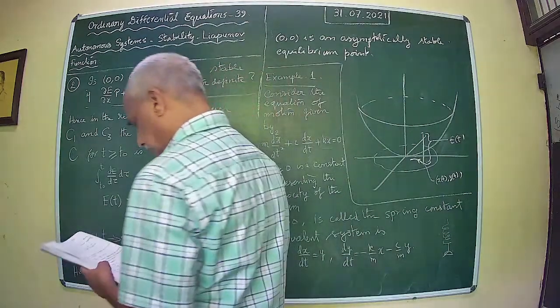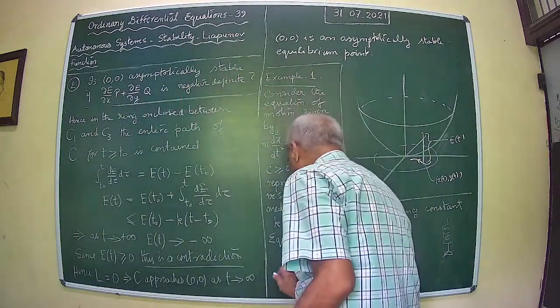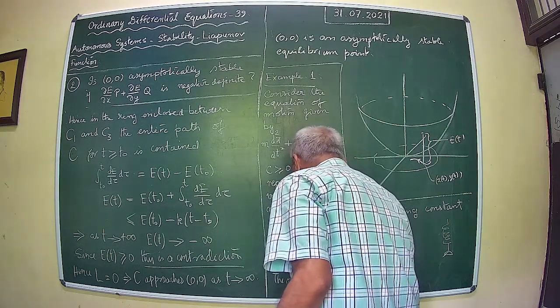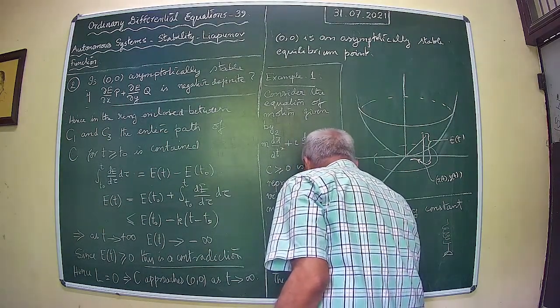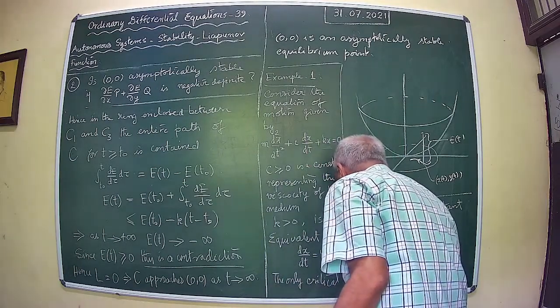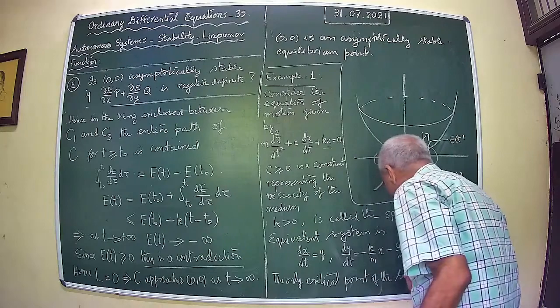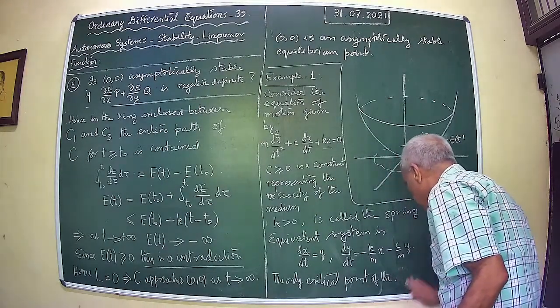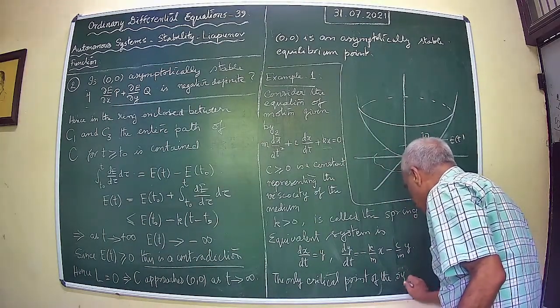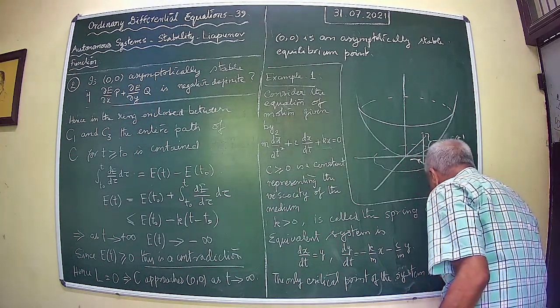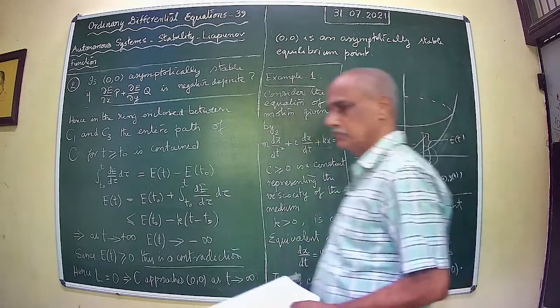that is simple. So the only critical point of the system is zero, zero.